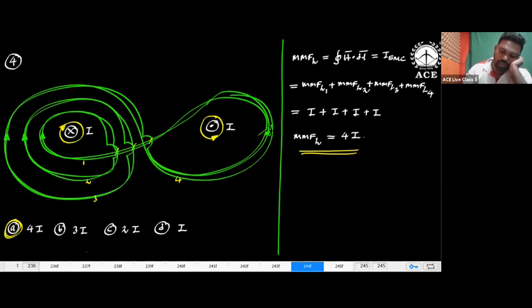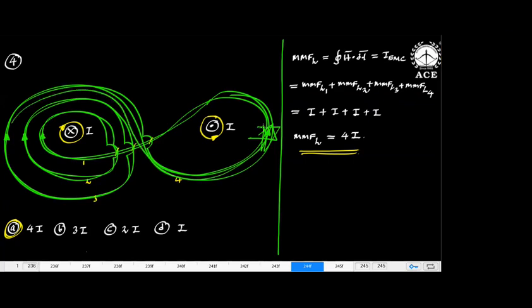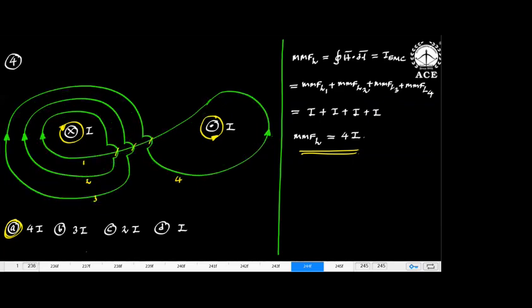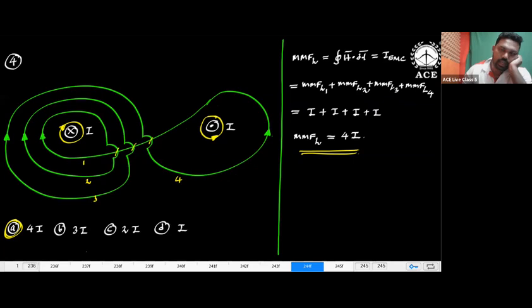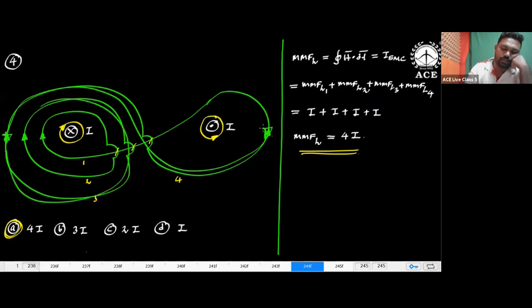How can I change only this one? If I make this one down, then this one should also be down. This one should also be down. This one should also be down. And so on.